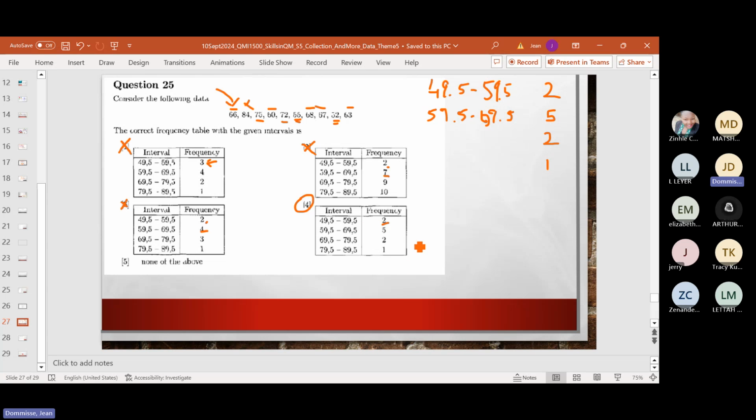But how I would do it to save time is to start with the first one and work it through, so that you don't need to work out the whole frequency table in the exam. At your second interval, you already could have said, okay, option 4 is my correct one.